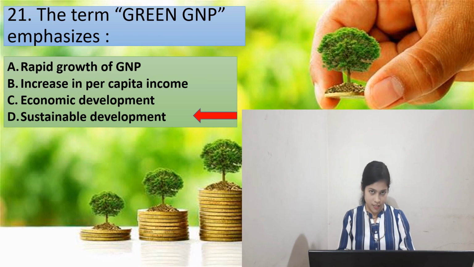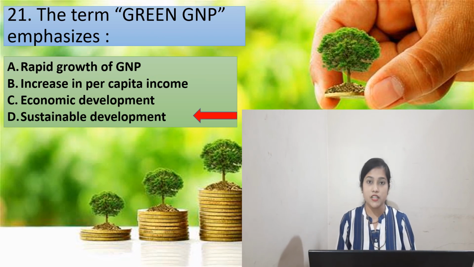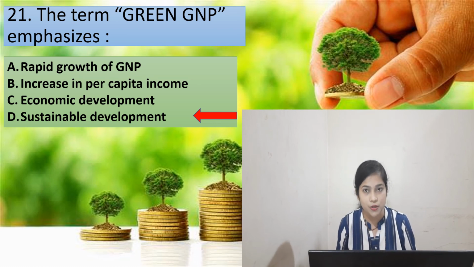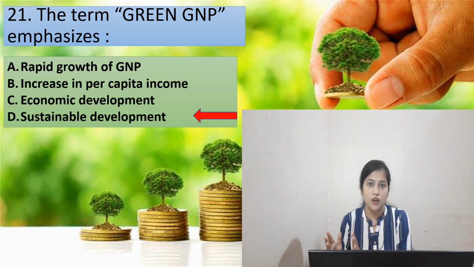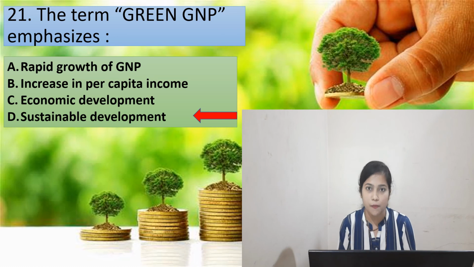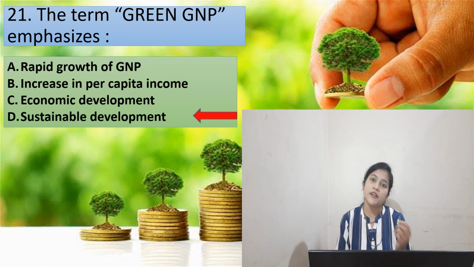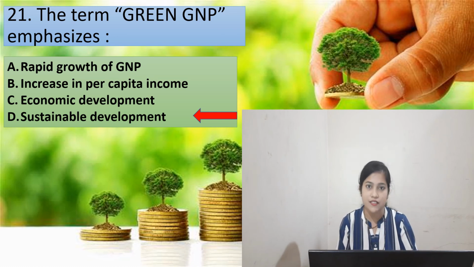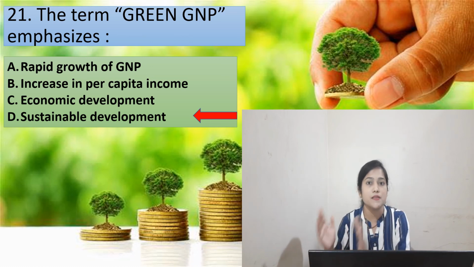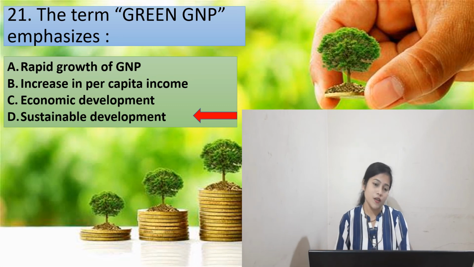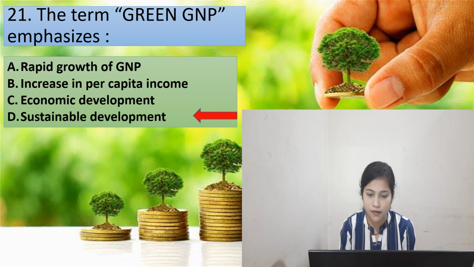Whenever we are calculating green GNP, first we have to calculate the GNP, that is the gross national product of our country. Then we have to deduct the imputed economic cost. Then we get the green GNP. As we are deducting the economic cost, it gives us a sustainable development scenario. So always remember, whenever you face this term, green GNP or green GDP, it relates to sustainable development.